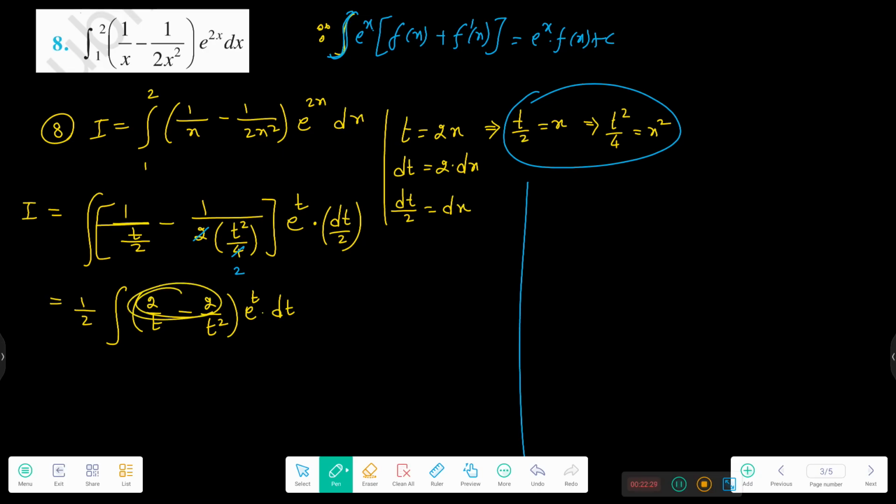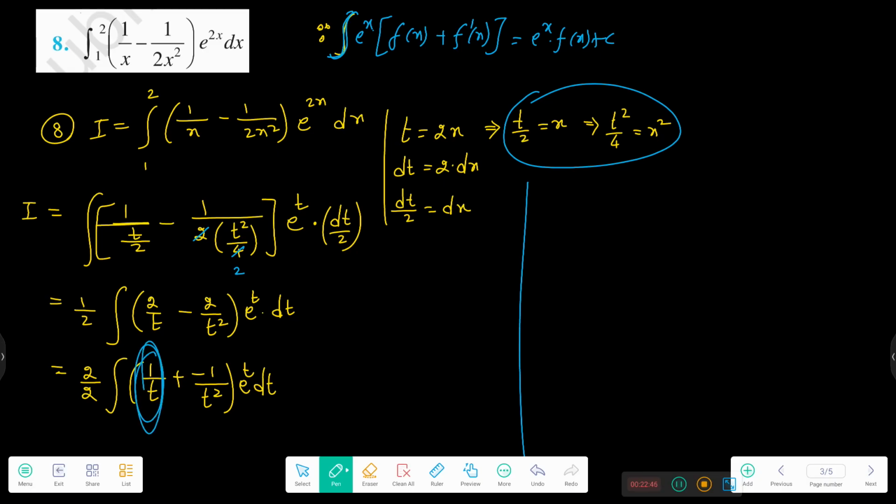Again 2 you can take outside. It will be 1 by t plus minus 1 divided by t square into e power t into dt.